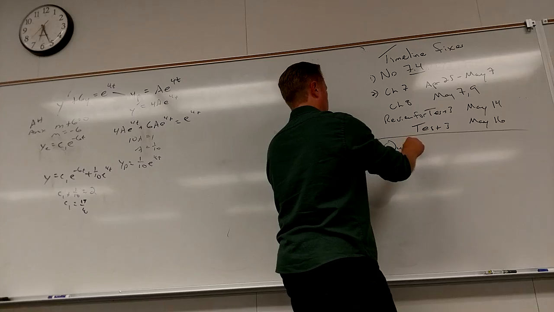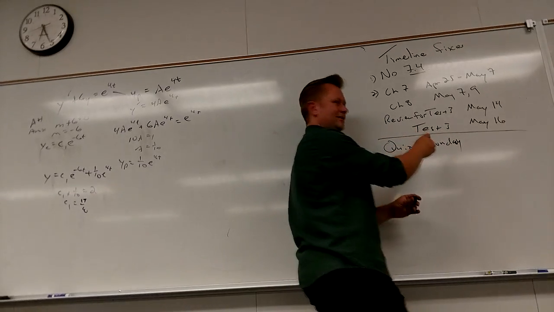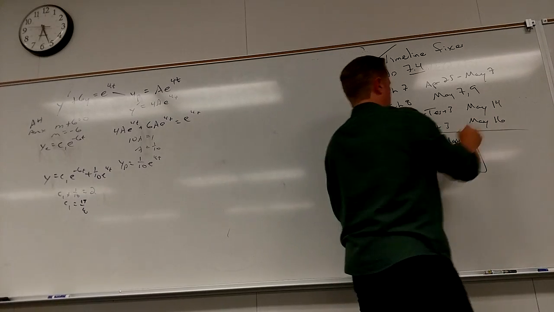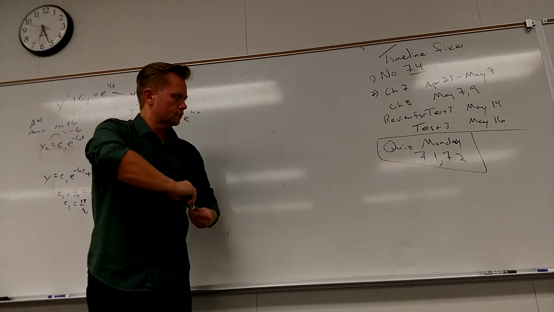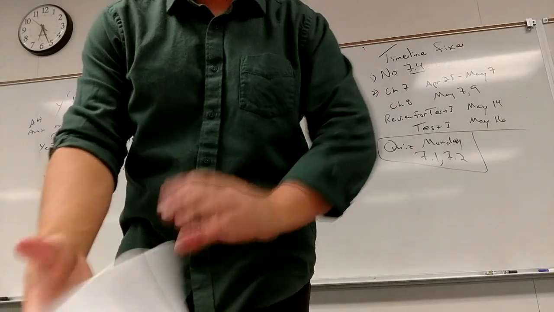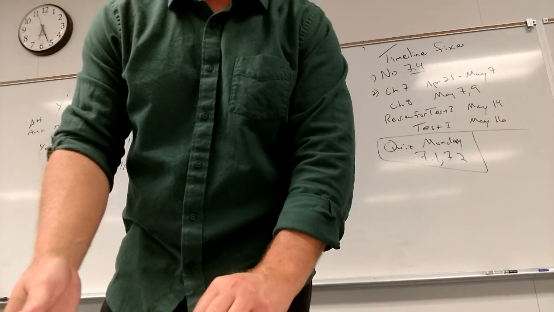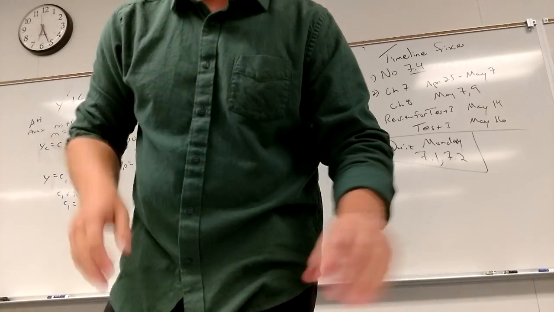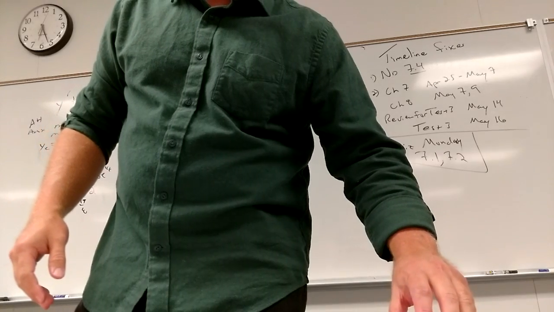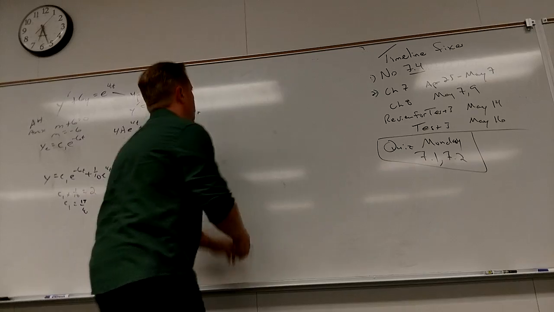Quiz Monday, covering 7.1 and 7.2. The problem is y prime minus y equals 2 cosine pi t.